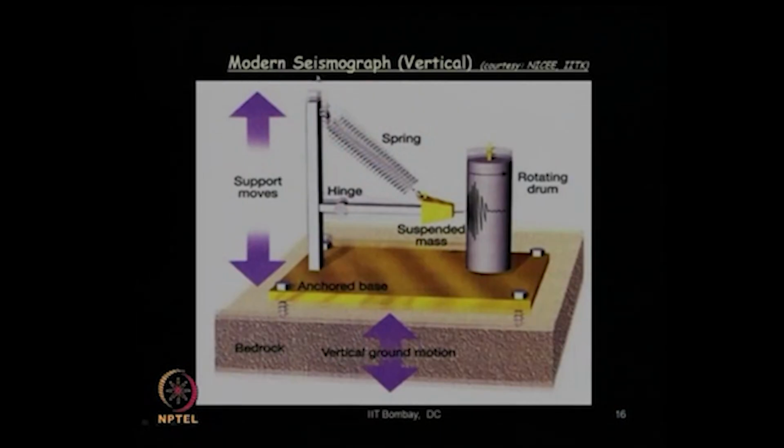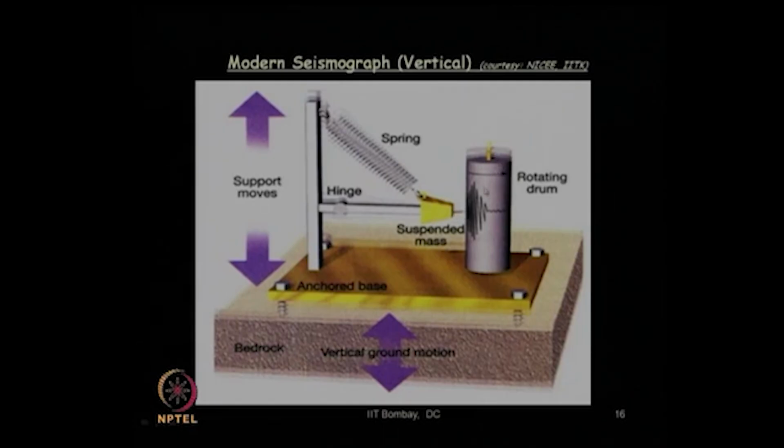This shows a modern seismograph in the vertical direction. Again we have a bedrock slab, and on top of this we have an anchored base plate and a support system connected like this. Through a spring there is a suspended mass, and on the tip of this mass there is a pen or pencil.